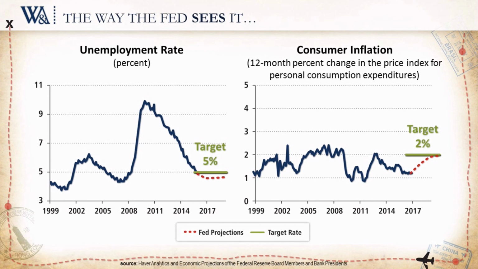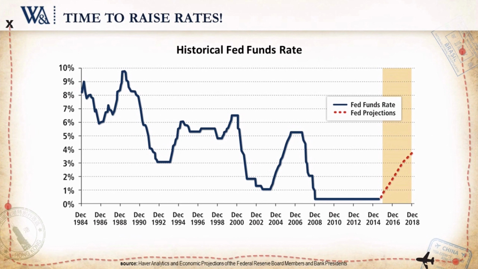So right now the unemployment rate has fallen below 5%, which is basically the Fed's mandate. And they believe that inflation will climb back to their 2% target. And since both of these conditions are being met, the Fed decided in December of 2015 to raise rates for the first time since 2006.